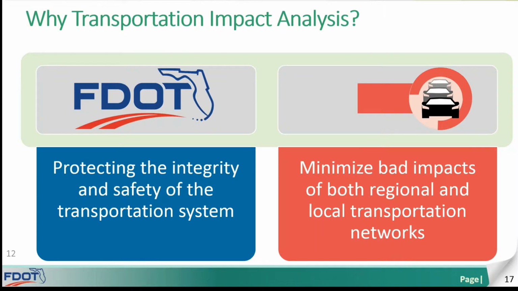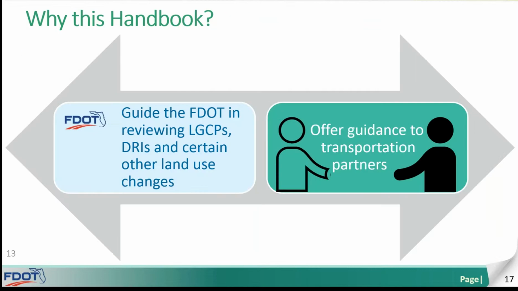Okay, so why do we even do transportation impact analysis? Well, first of all, we want to protect the operation and safety of the transportation system, and we want to minimize any of the bad impacts that could happen both on the regional and local transportation networks. So what we try to do with this handbook is guide our FDOT staff in reviewing local government comprehensive plans, developments of regional impact, and certain other land use changes.